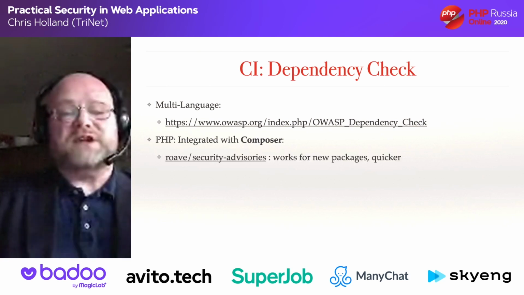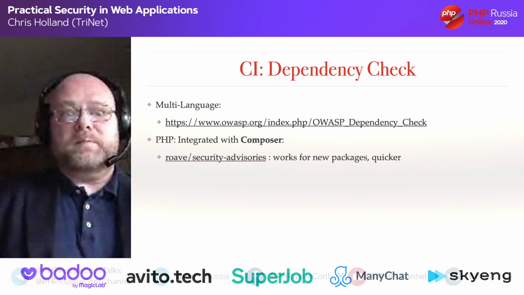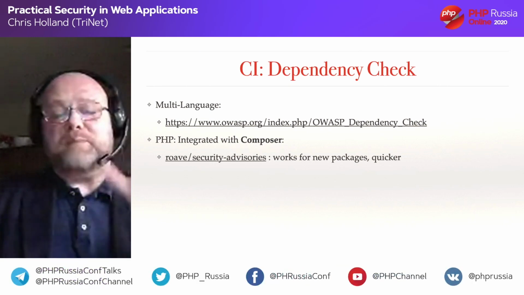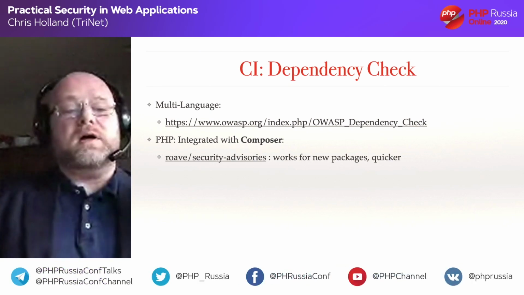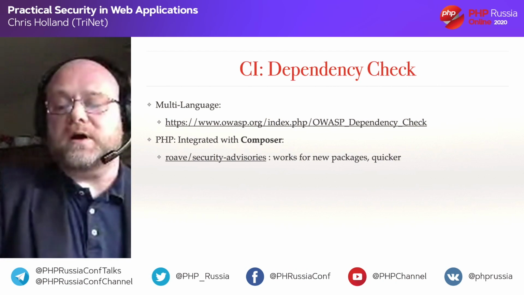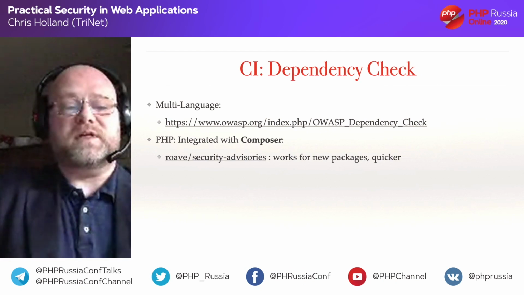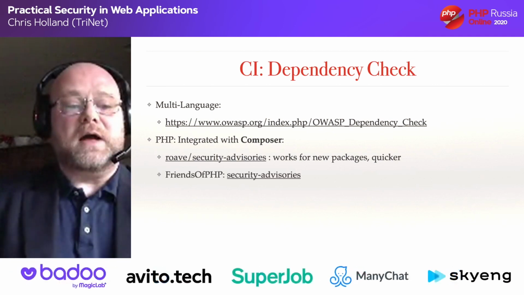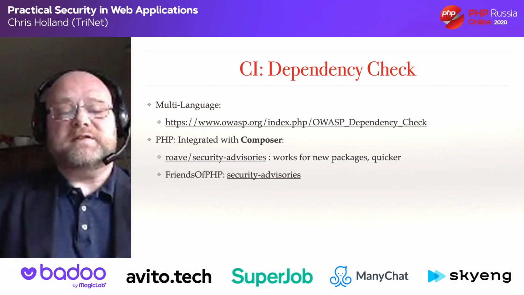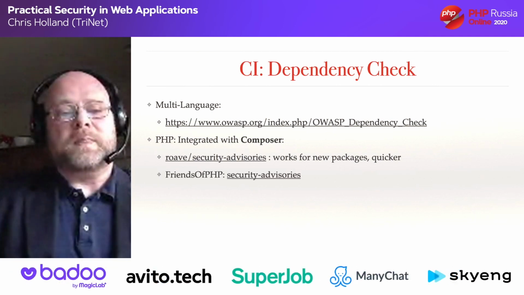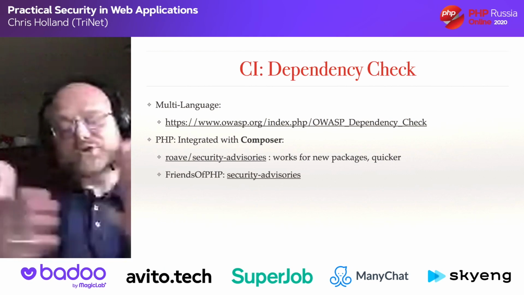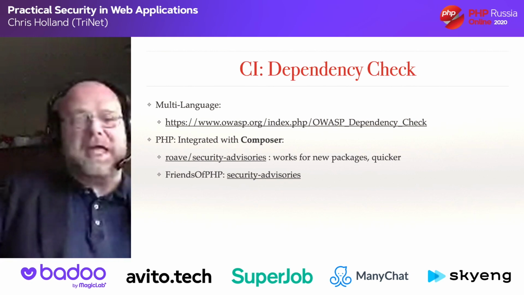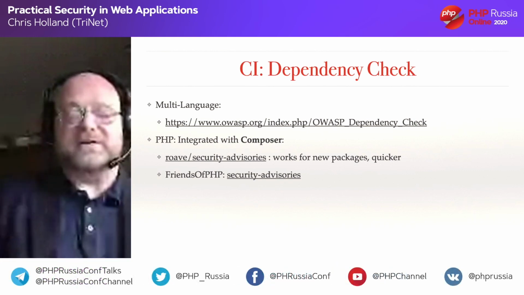One is the Roave security advisories. Anytime you add a new package to your composer, this will tell you if you have a vulnerability with the thing that you're adding to it. And then Friends of PHP has a security advisories framework, which will look at your entire composer.lock file, and it will find vulnerabilities in there as well, right?